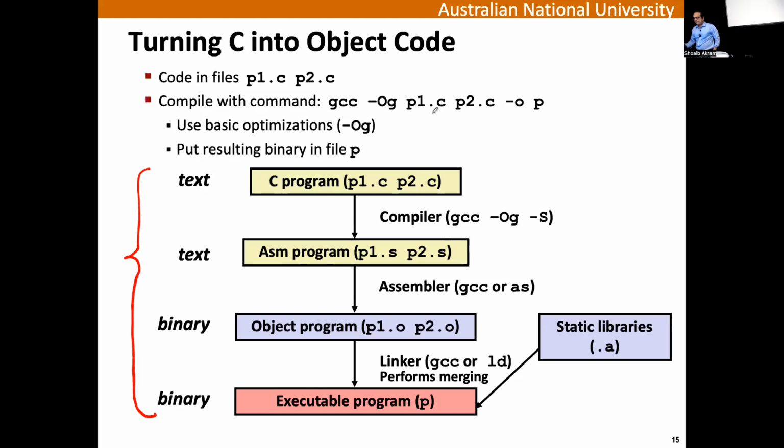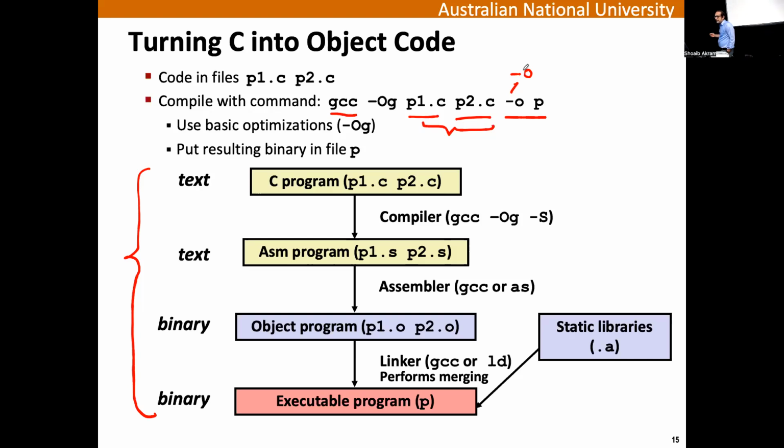So if you have two C files, p1.c and p2.c, and you want to create an executable binary, you tell GCC to take these two files and output, with -o, an executable file that you can run. And the name of the file is p.